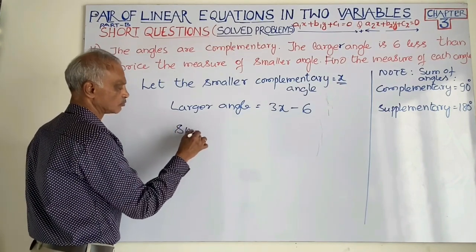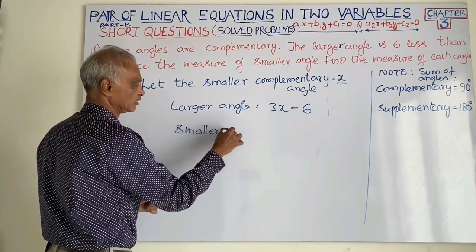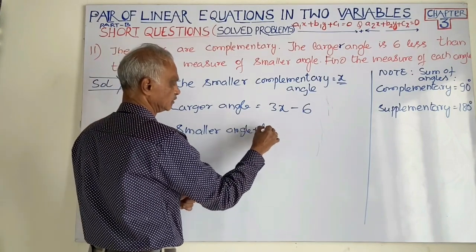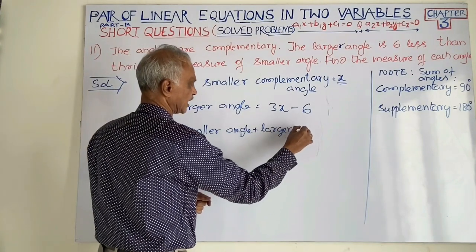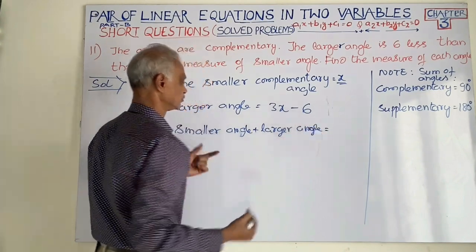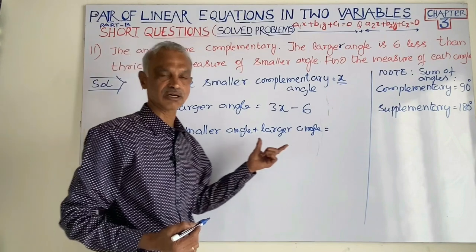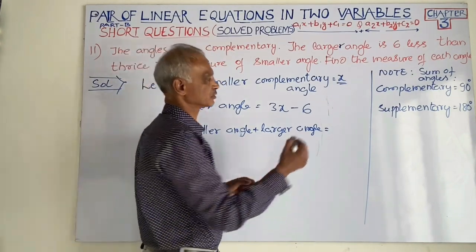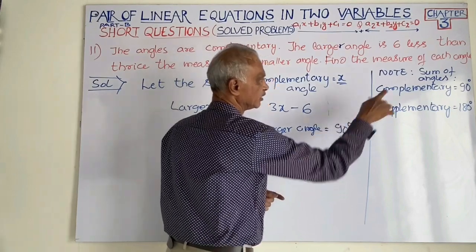Smaller angle plus larger angle is equal to, since these smaller angle and larger angle are complementary angles, the sum of these angles must be 90 degrees.